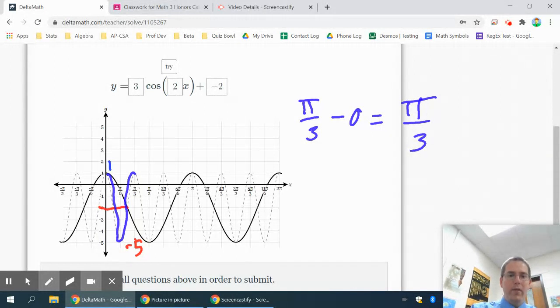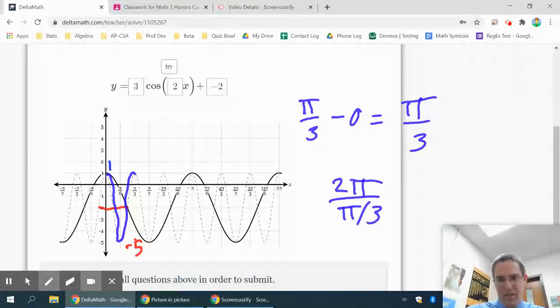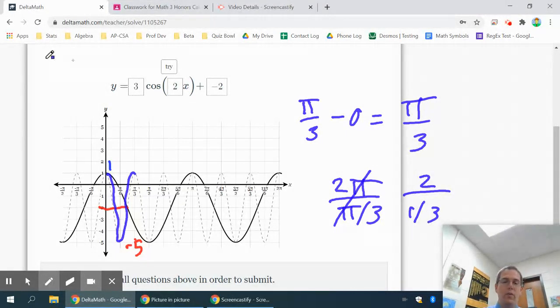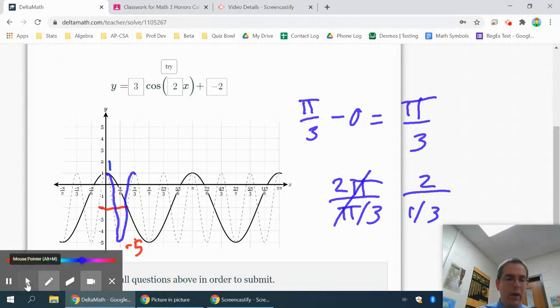Now remember, your b value there, what goes in front, is basically 2 pi divided by pi/3. If I wanted to simplify this, I could put that in Desmos, or I don't even have to put in the pi's, they cancel. That's the same thing as 2 divided by 1/3. Or you might recall that dividing by 1/3 is the same thing as multiplying by 3, so I bet my answer is going to be a 6.